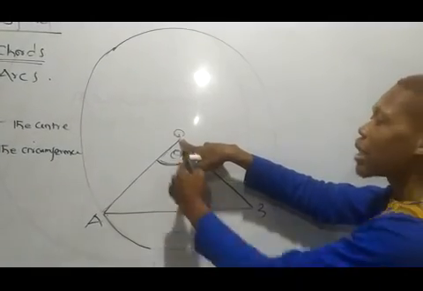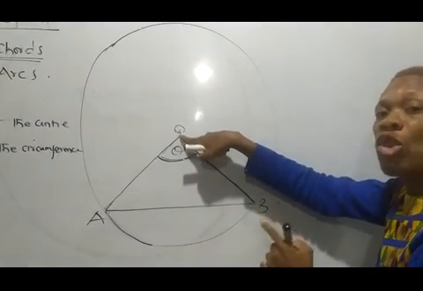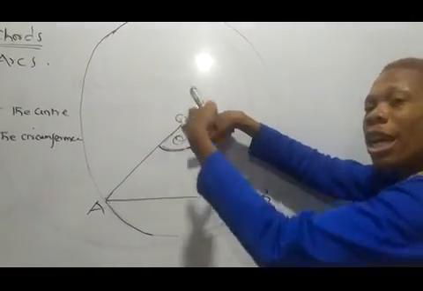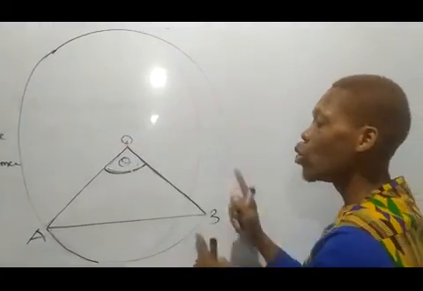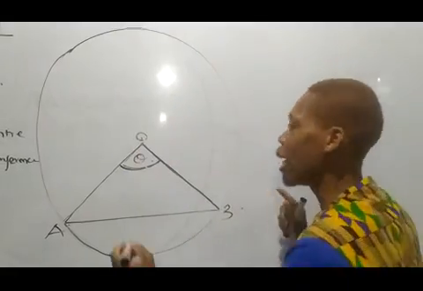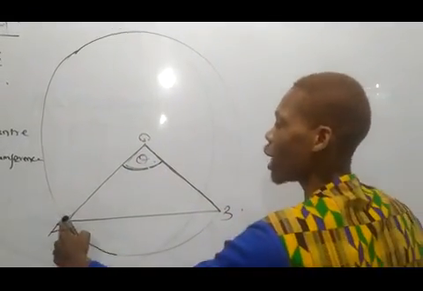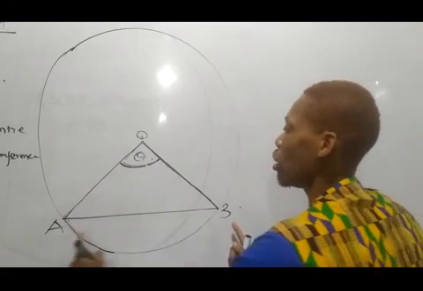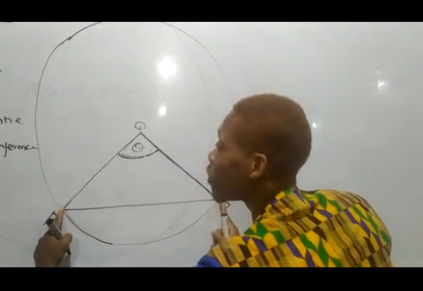You realize that angle O is standing on the line AB. How do you know that? Because the legs of the angle O are standing on the line AB. To know that, you just trace the legs of the angle. This is point A, this is point B. So the line AB here is the chord. Now trace which angle AB is subtending. The legs of the angle should stand on it.